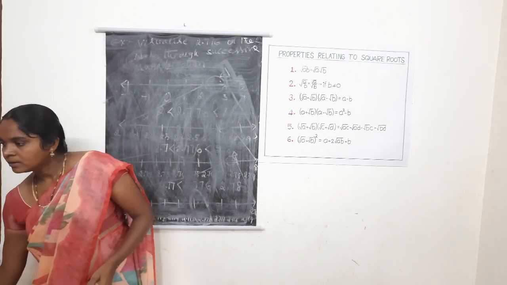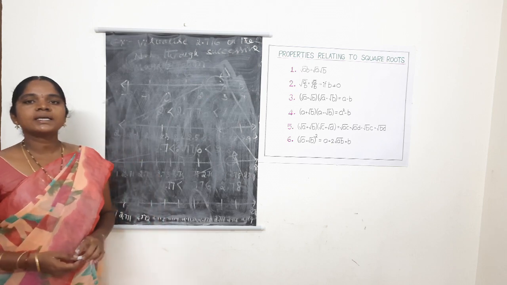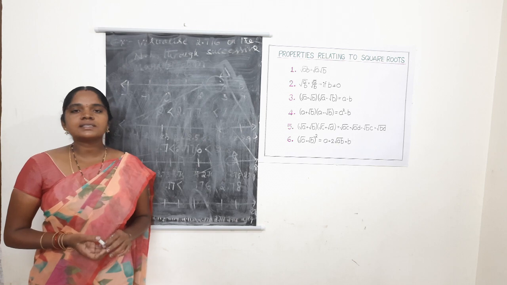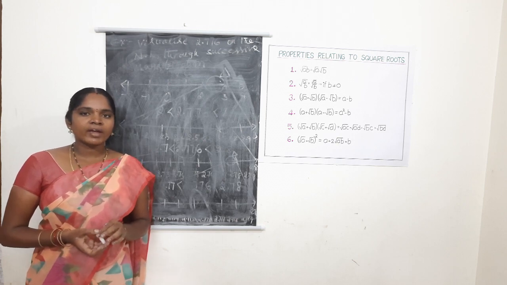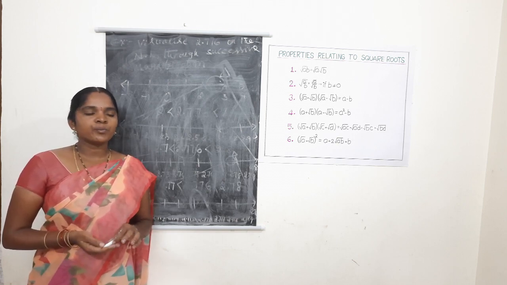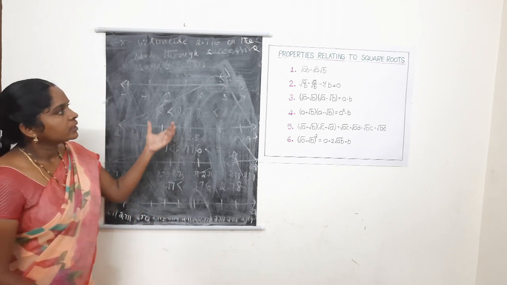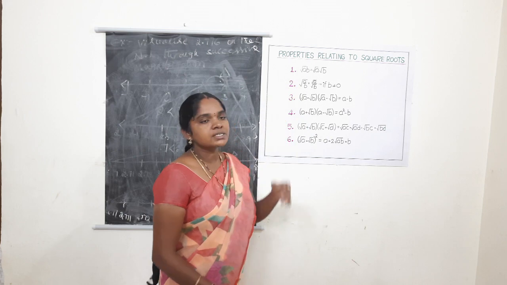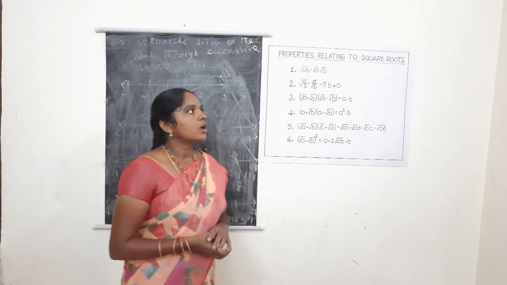Next, let us see some properties related to square roots. Students, the properties related to square roots are very important. So this is the clear picture of properties related to square roots.